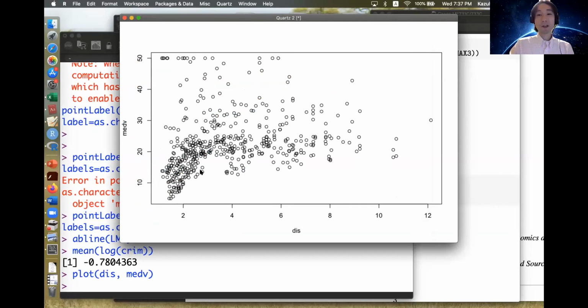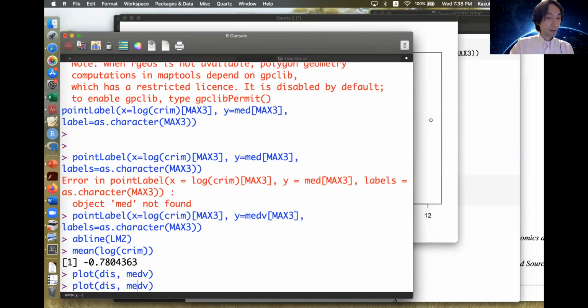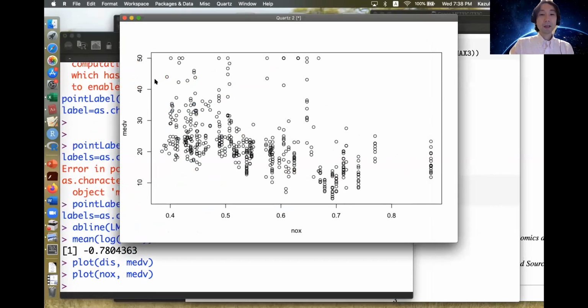There's still some positive relationship. So if we add this variable, maybe it improves the model. Or NOx. If the air quality is bad, actually the median house value is lower. Maybe in the suburb, the price is higher in this data set.